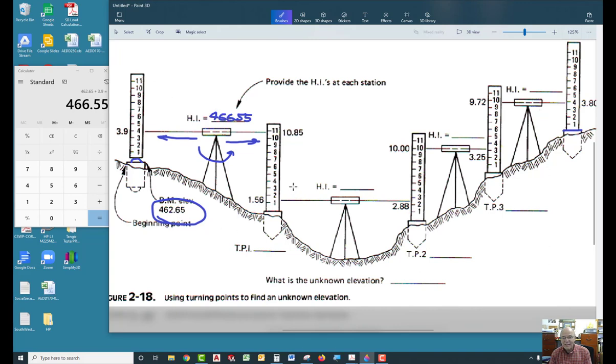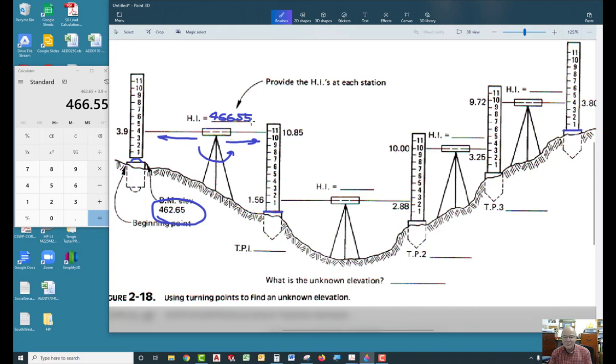Now this person comes over here, or somebody else is there. This thing swings around so you're looking forward instead of back. Set it on top of the point we want to use as a turning point. We need to know what the elevation at that point is. We read 10.85 off that rod. That means that this level is 10.85 feet above that point.